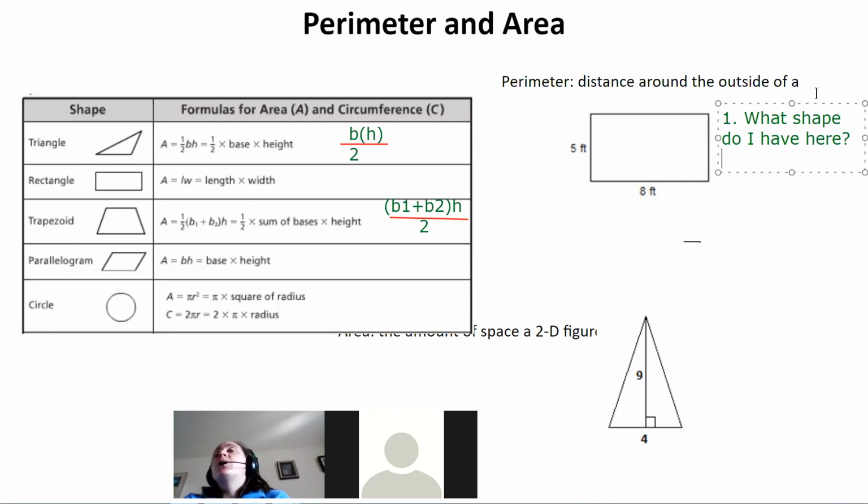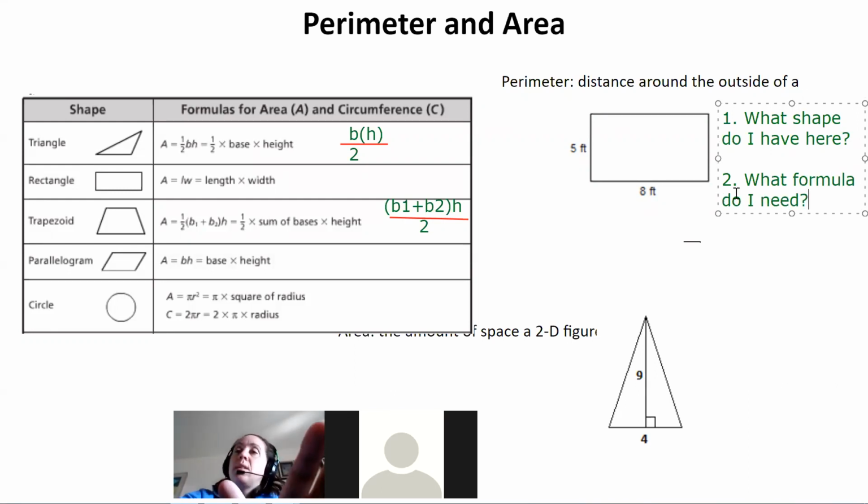It's one thing. What shape do I have here? And then ask, what formula do I need? Those are questions you should be asking yourself. So for the first one, we have what shape? Yep, Mariam, you got the formula, length times width. Very good.